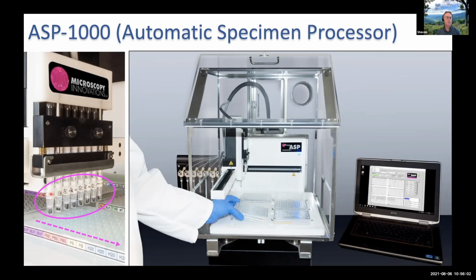So this first capsule will draw in processing reagents from the first row in the microwell plate. And in that way, each specimen can, when you desire it, receive a different sequence of reagents. So you can accommodate those controls and things.